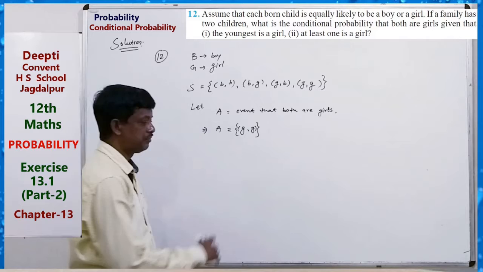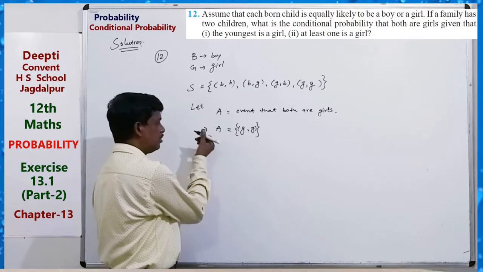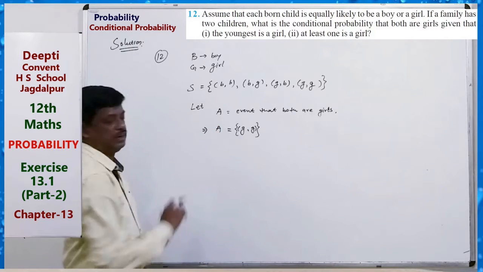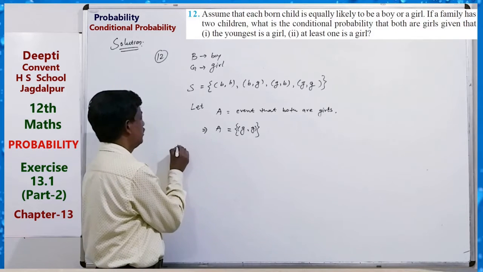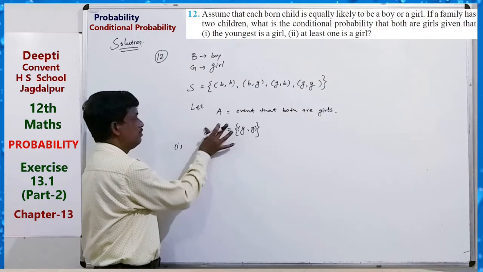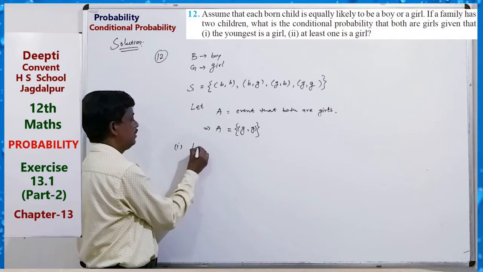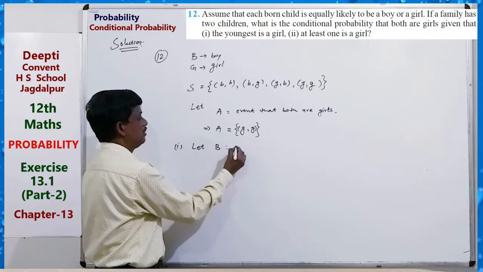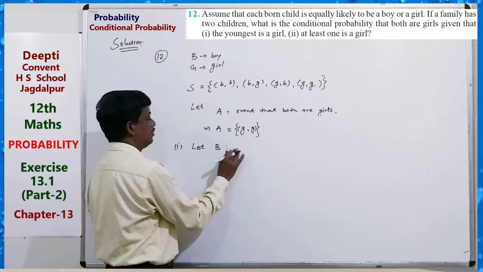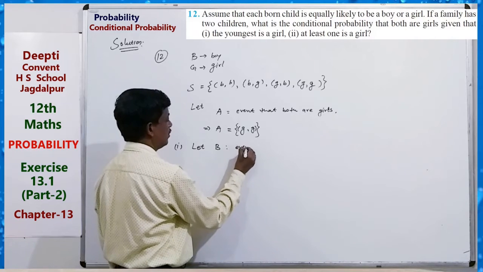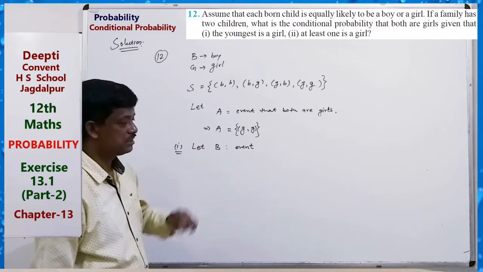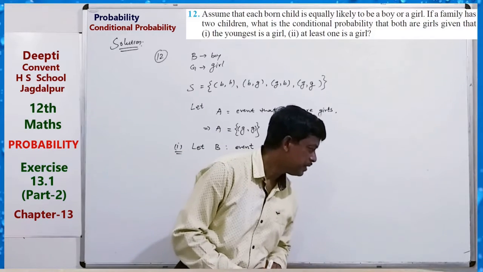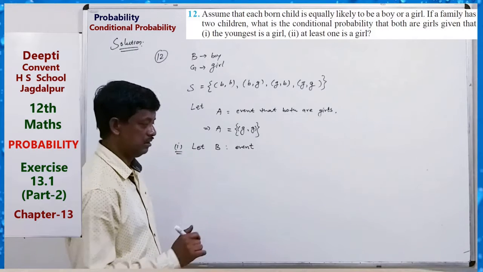Second event, this is the main thing. There are two parts. First, let B be the event that the youngest child is a girl.